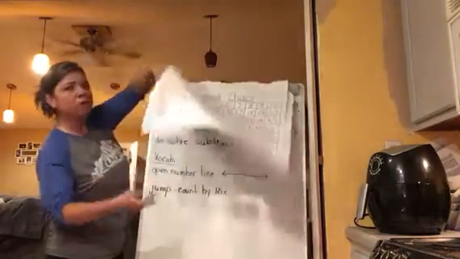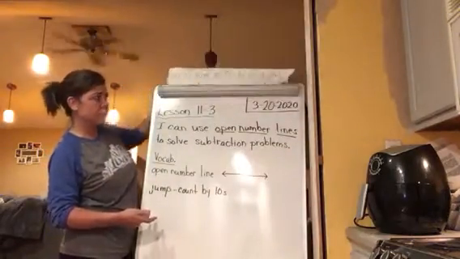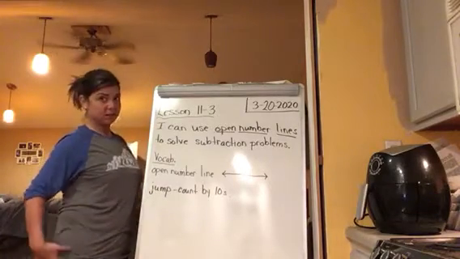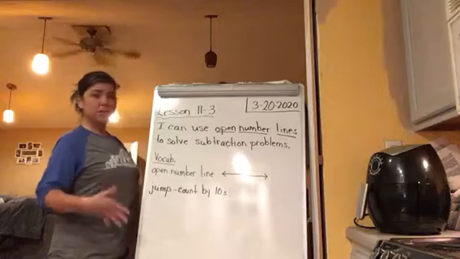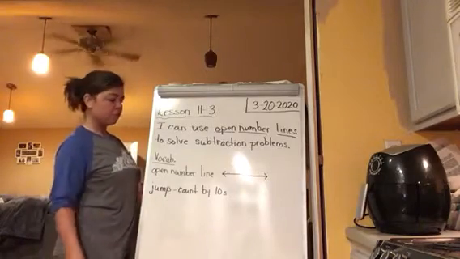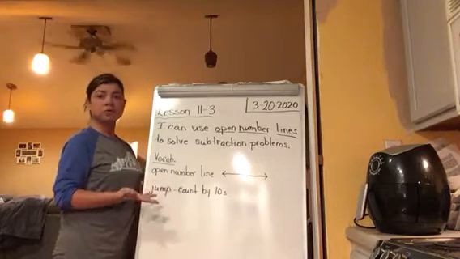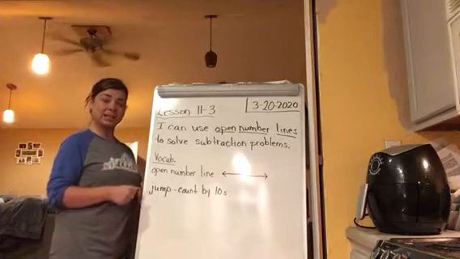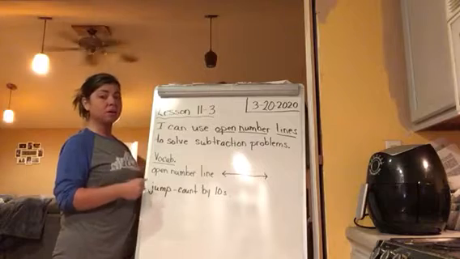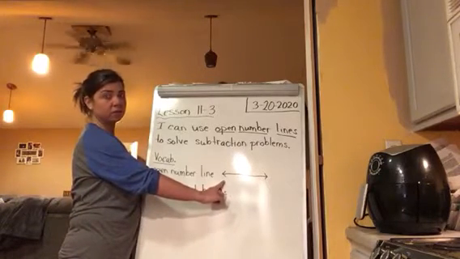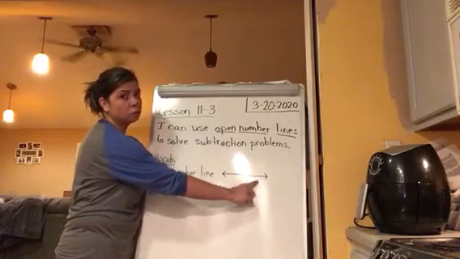Now, before we get started with today's strategy, I want to go over some words that you're going to hear me say a lot. And you may get a little confused as to what they are. The first vocabulary word that we have is open number line. Now, we used an open number line before when we added, and when we add on an open number line, we start at the left side of the number line and we count forward.